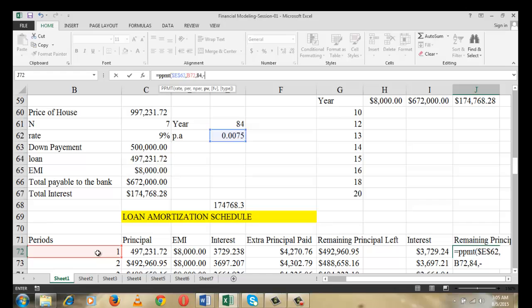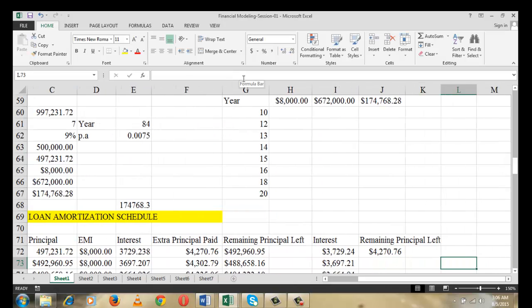PV is with a minus sign, PV is this. Then 0, 0. You get the same thing.